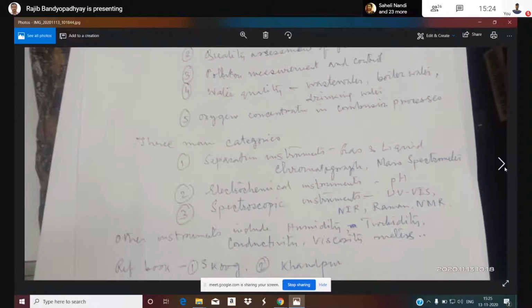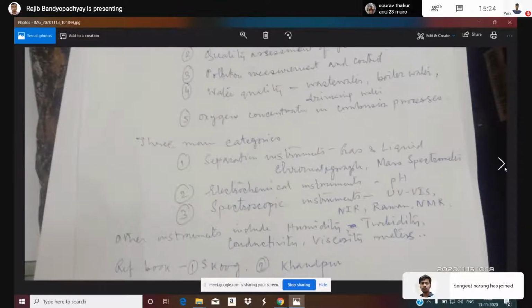That is governed by which equation, which we have also studied in electrochemistry? The Nernst equation. Yes, the Nernst equation governs how much voltage is generated.